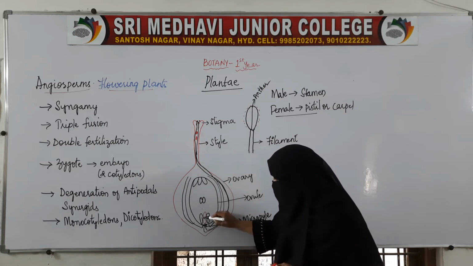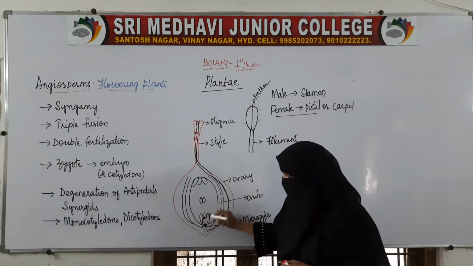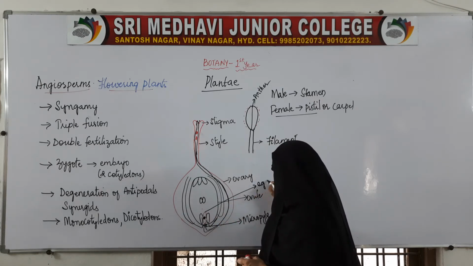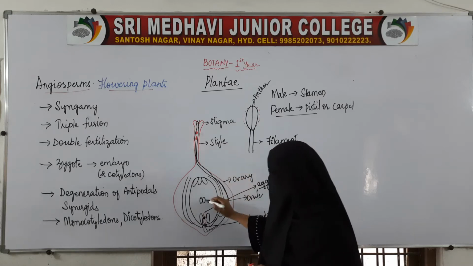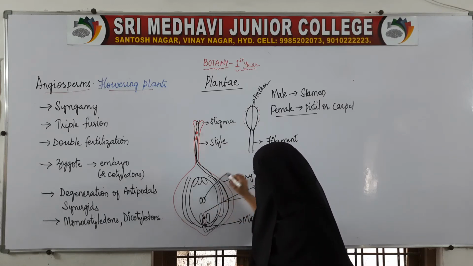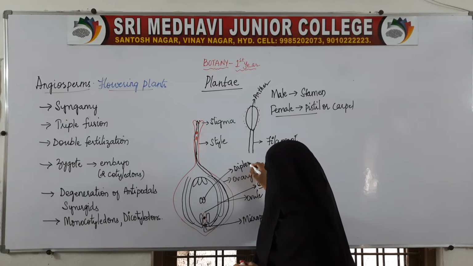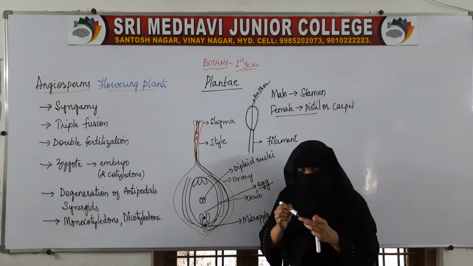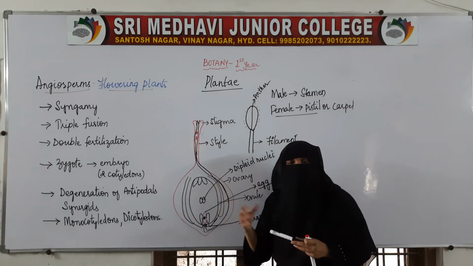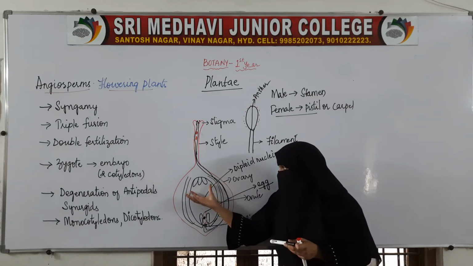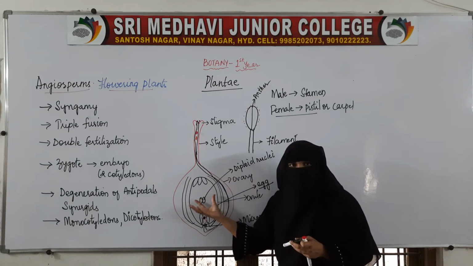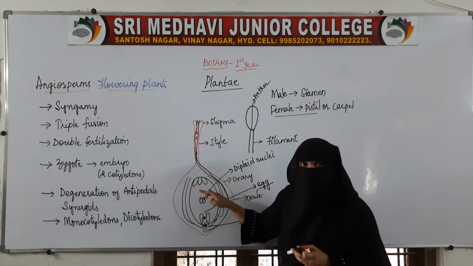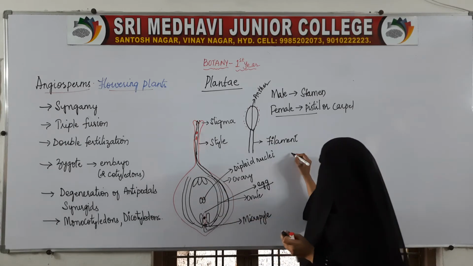One male nucleus fuses with this egg. This is the egg, and another nucleus fuses with this diploid nucleus. Inside the ovule, inside this embryo sac, we have 7 cells.